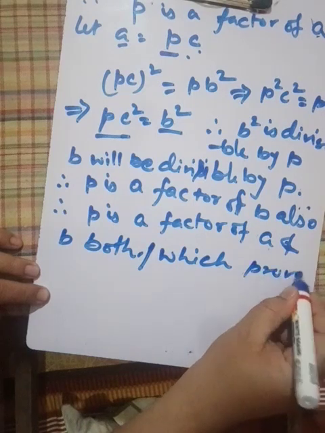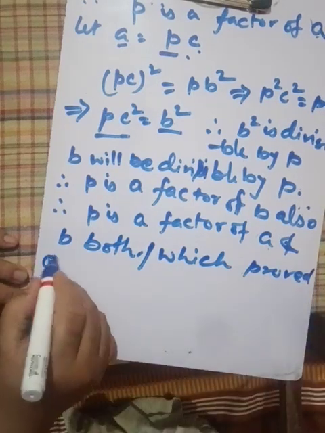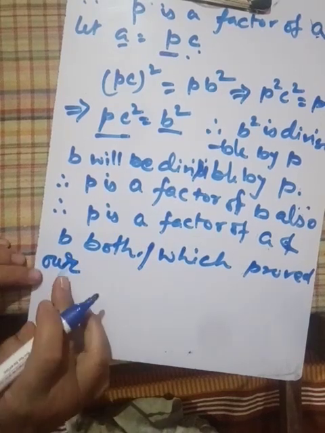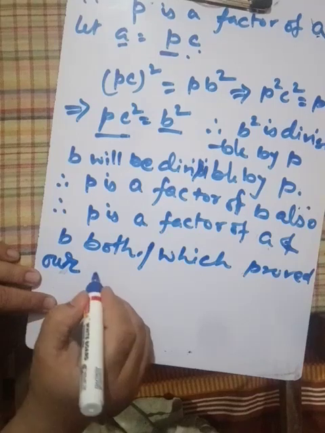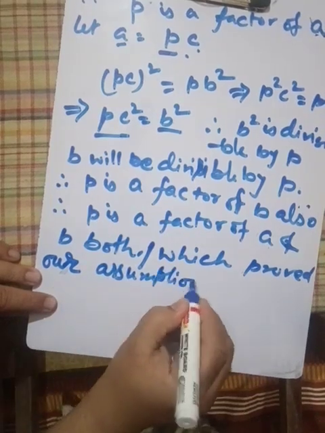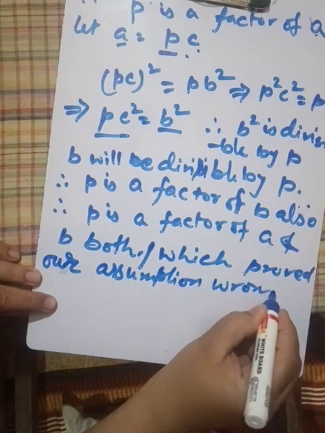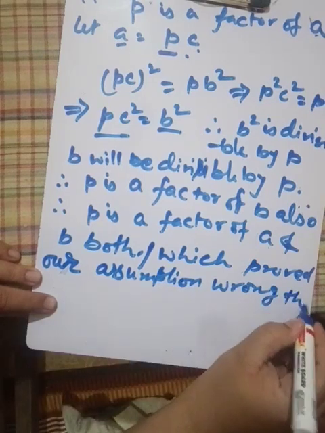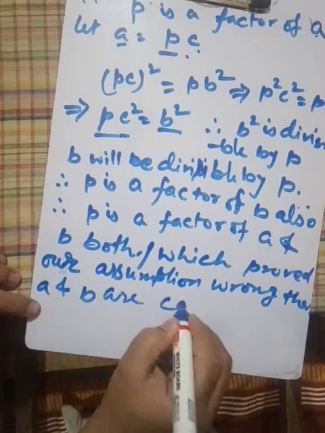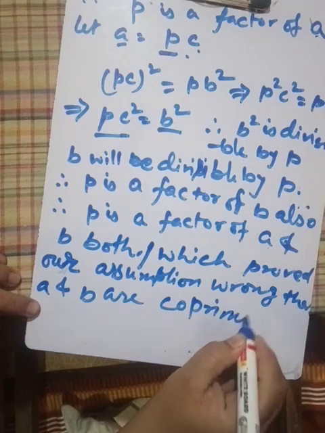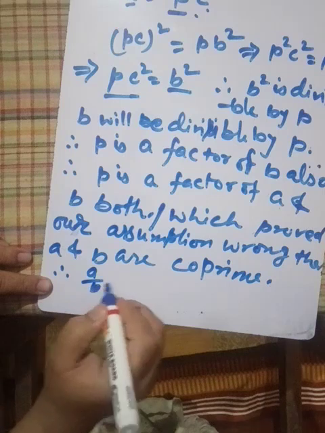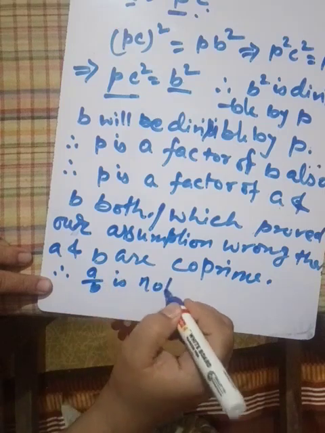Now we write: which proved our thinking, whatever supposition I have taken, wrong. What was wrong? That A and B are co-prime. Therefore, A by B is not co-prime.